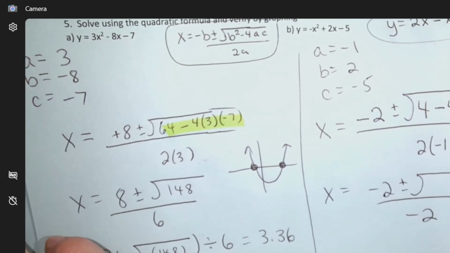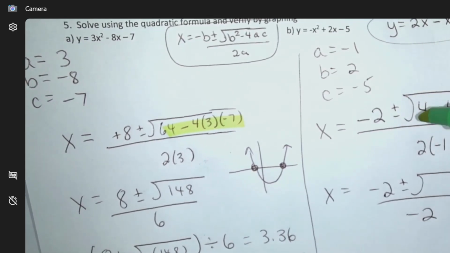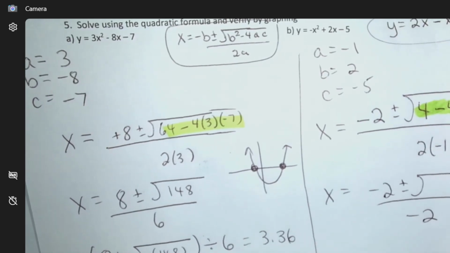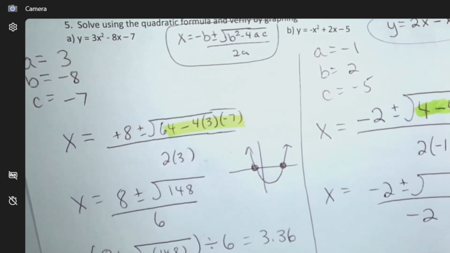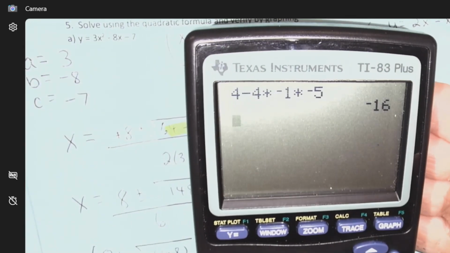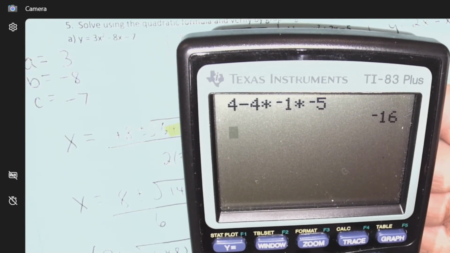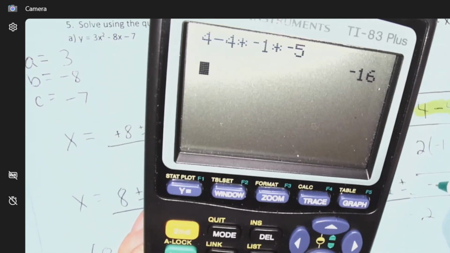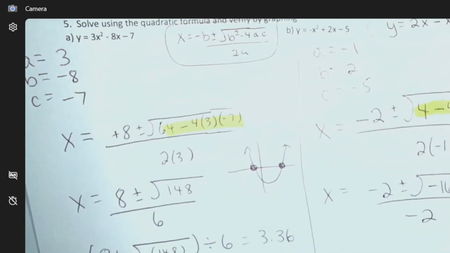Okay, so I'm in my calculator, and again, I'm just typing this. So 4 subtract 4 times negative 1 times negative 5 is negative 16.